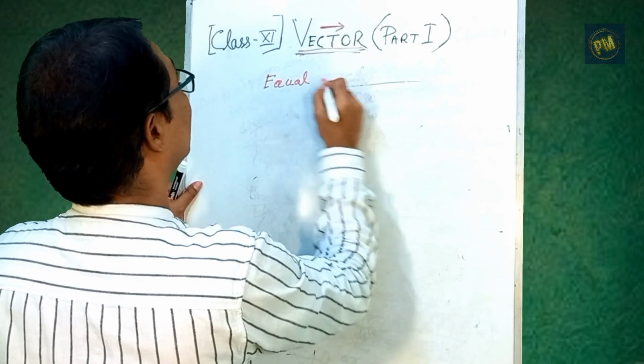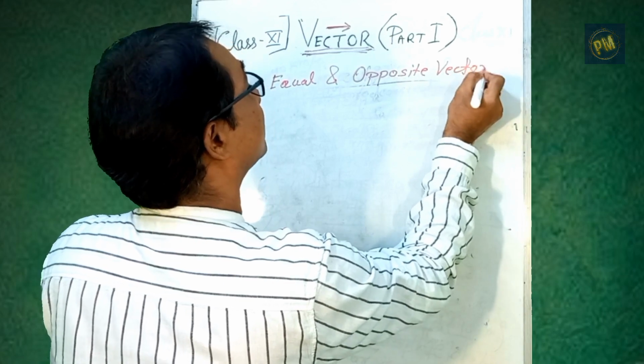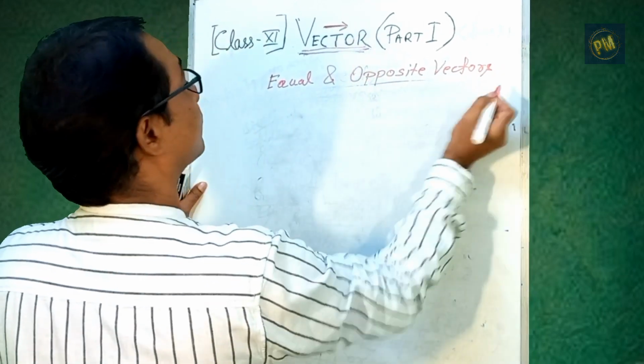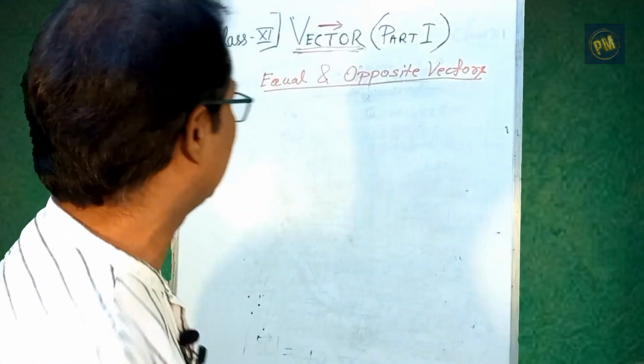Equal and opposite vectors. What is equal and opposite vectors?